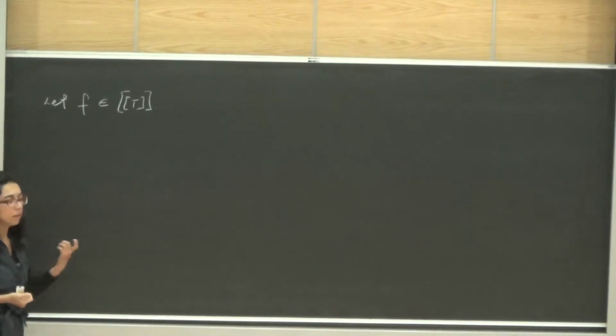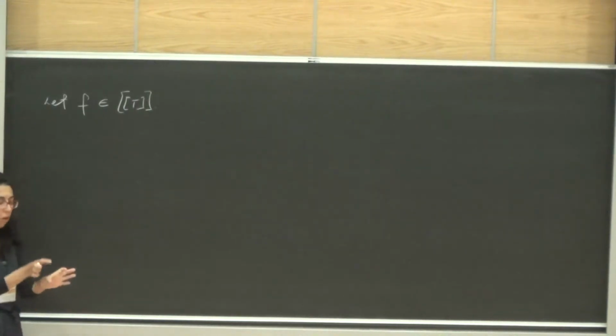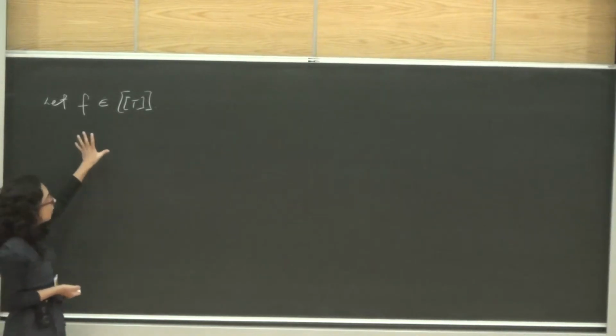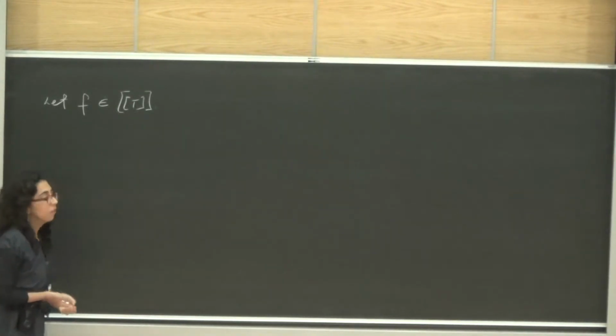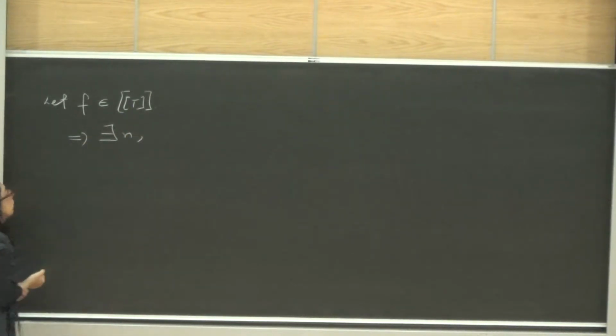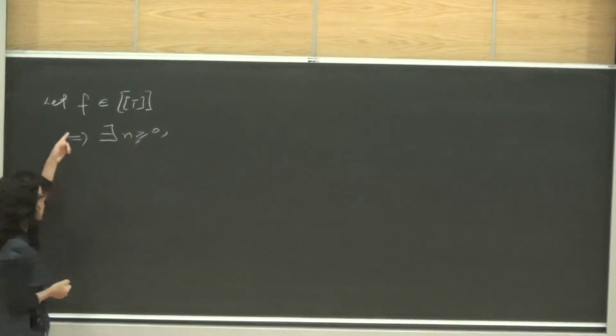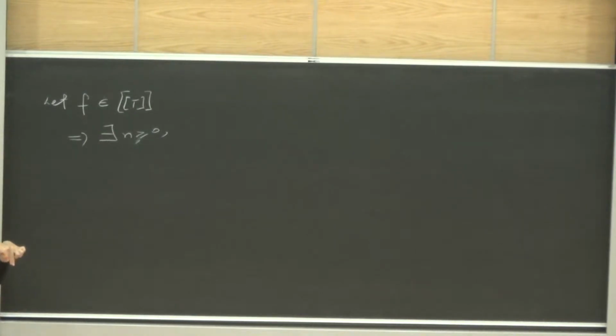Remember that the sequence of partitions Pn generates the topology. And these elements have the property that locally they look like the action of some element of the group. So there exists an N such that f on every atom of the partition Pn is the action of some element of the group.